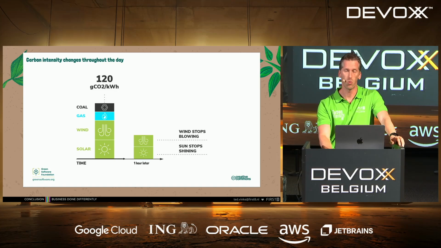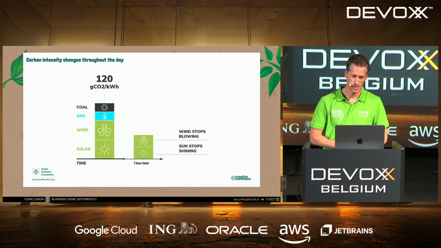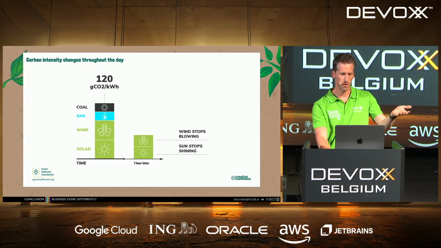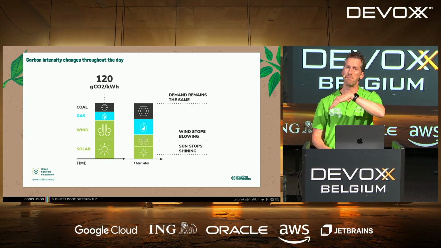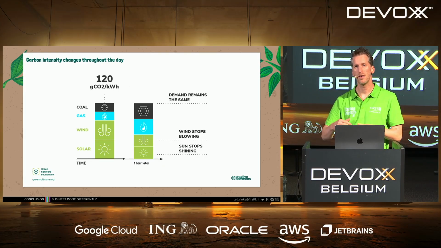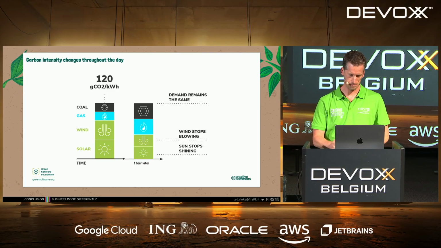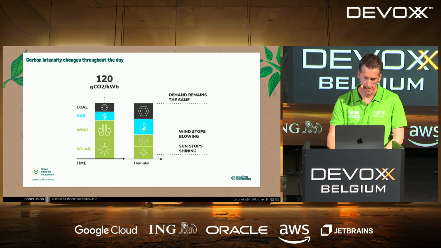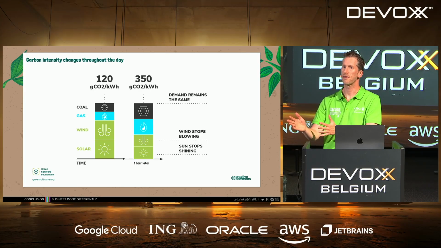For instance, the wind stops blowing, the windmill is going slower, and a cloud comes for the sun. So the amount of green energy decreased, but the demand stays the same. And you see that the remainder needs to be filled up by the good old fossil sources. And this increases the total amount of carbon intensity 1 hour later.